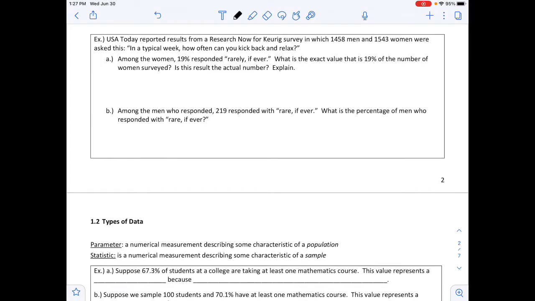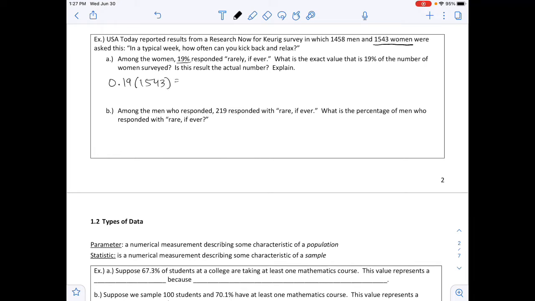What is the exact value of 19% of the number of women surveyed, and is this result the actual number? Explain. The total number of women is 1,543, so we multiply 19% as a decimal, 0.19, times 1,543.